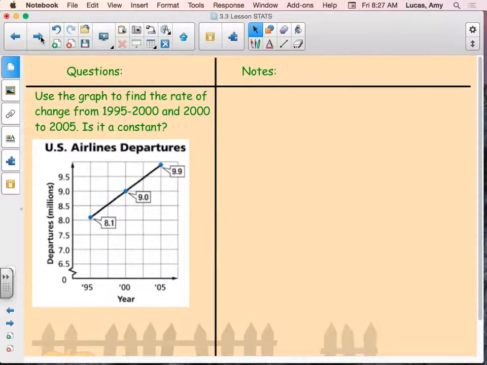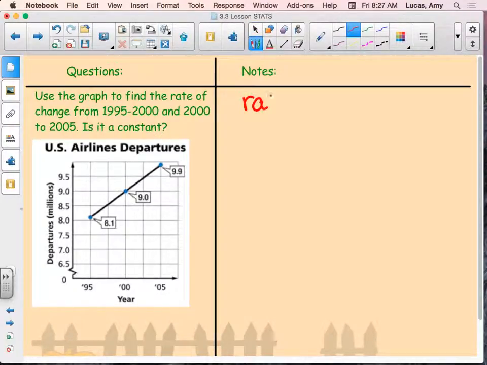Okay, now we're switching over to a graph. Use the graph to find the rate of change from 1995 to 2000 and 2000 to 2005. Is it a constant? So, the rate of change in y, divided by the change in x.